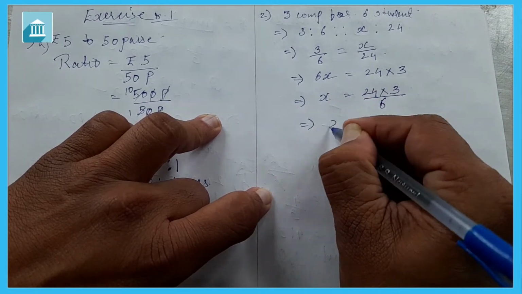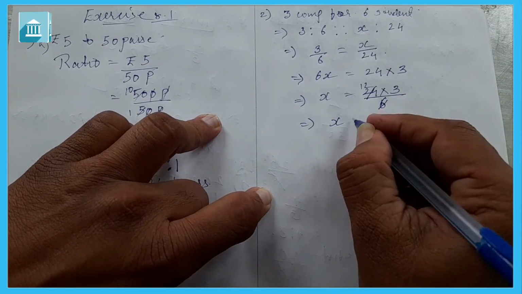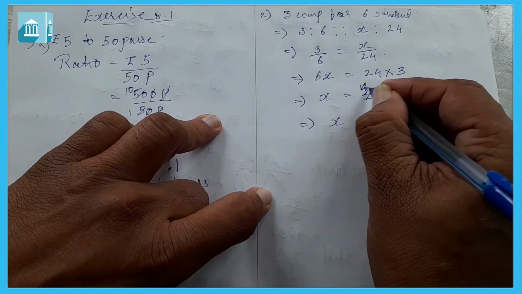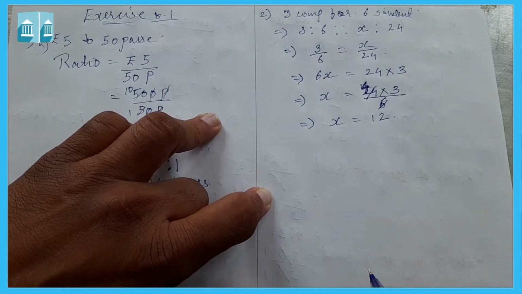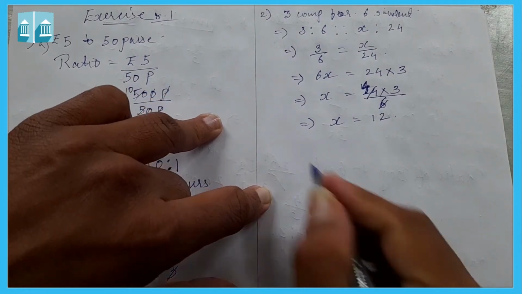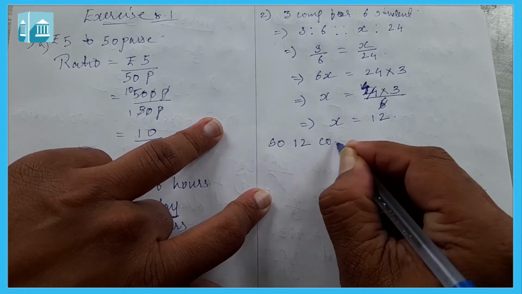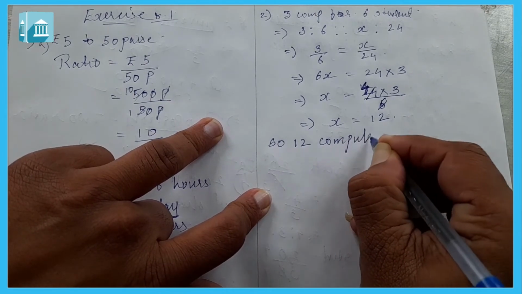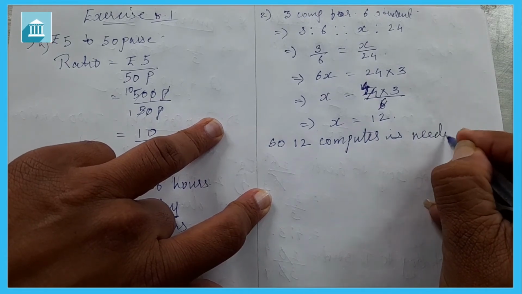So x is equal to, 6 and 24 both cancel, 6 4s are 24, so 4 into 3 which is equal to 12. So 12 computers are needed.